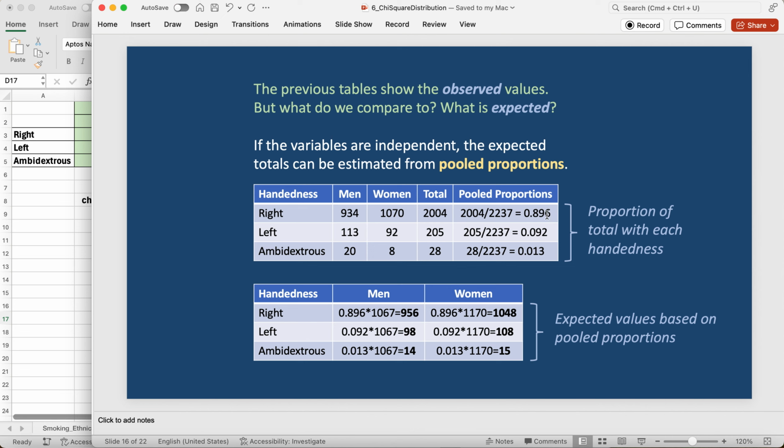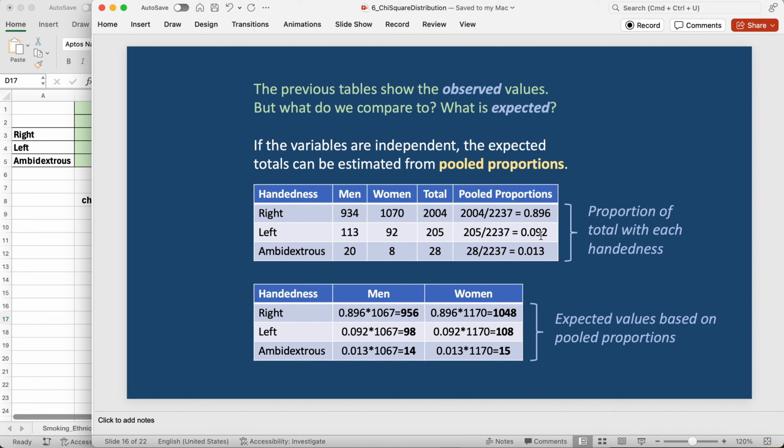All right, so in each case, we have this proportion, and to get the expected totals in terms of numbers, we take the proportion and we multiply by that number of that category. So 89.6% right-handed. There are a total of 1,067 men.